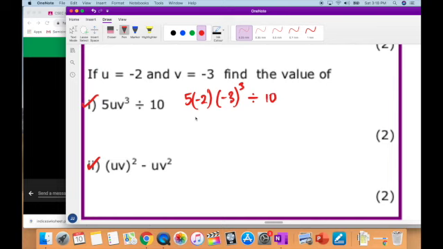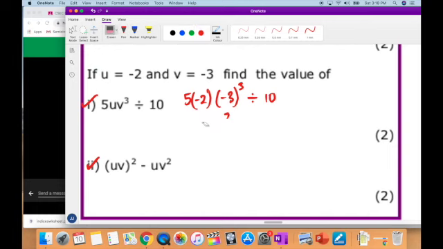Multiply the two brackets with, cube the two brackets with. Cube the two brackets. So these two brackets getting cubed? Yeah. No, it's only the -3 that is getting cubed.